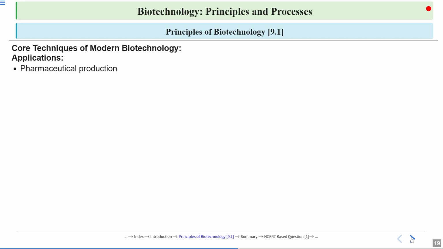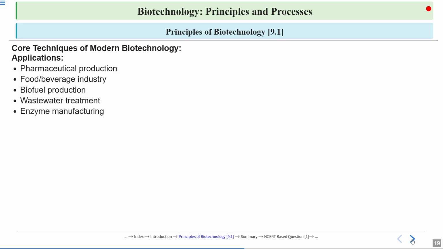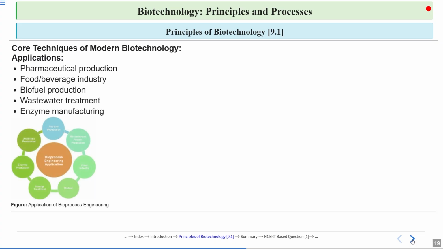Not only bioprocess but the whole of modern biotechnology can be used in pharmaceutical production, like making medicines and all those things. Then we can use it in the food and beverage industries, in biofuel production, and wastewater treatment. We know that in wastewater there are a lot of organic materials, so we can use it there. Then enzyme manufacturing and many more. And these pictures were shown in the earlier slide also.